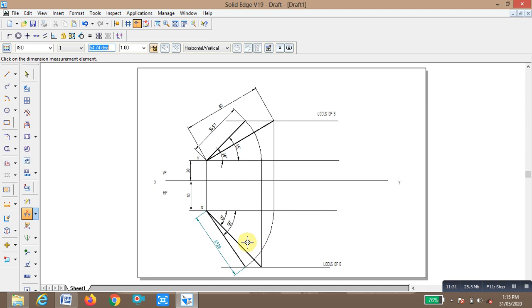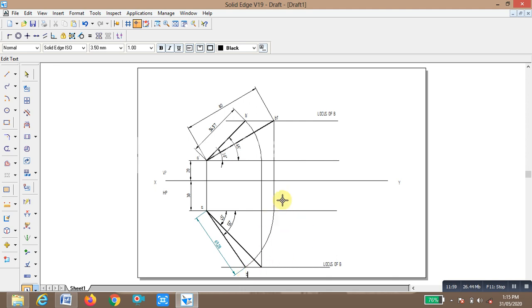Now you name the remaining points. This is A dash, this one we call B dash, and this is B1 dash. So this is A, and this is point B. This is B1, and the same point here is B1 dash.